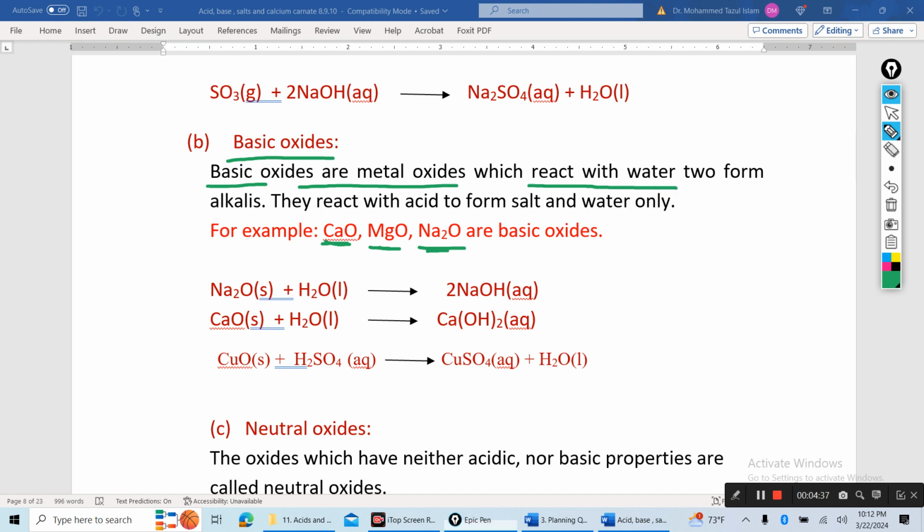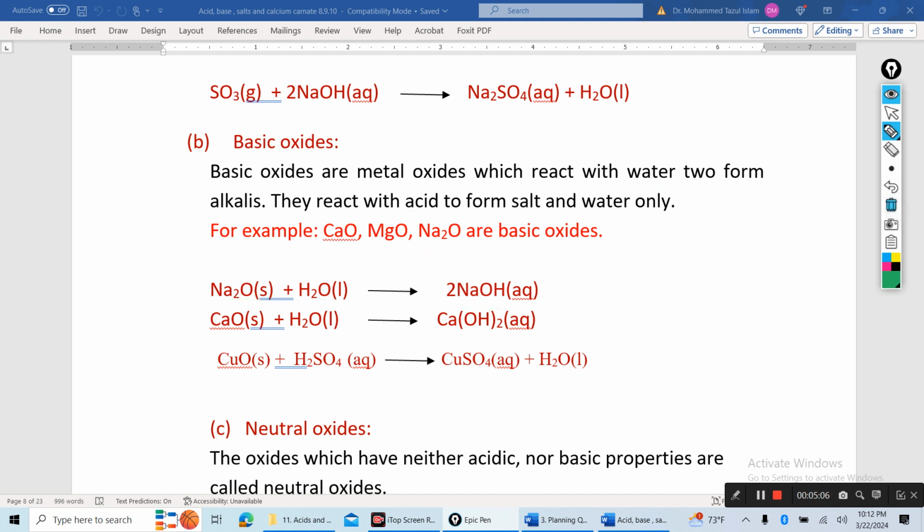basic oxide reacts with water to form alkalis. You see, sodium oxide is a metal oxide, I mean basic oxide, it reacts with water to produce sodium hydroxide, which is an alkali. And calcium oxide is a basic oxide, it reacts with water to produce calcium hydroxide, so it is also alkali.